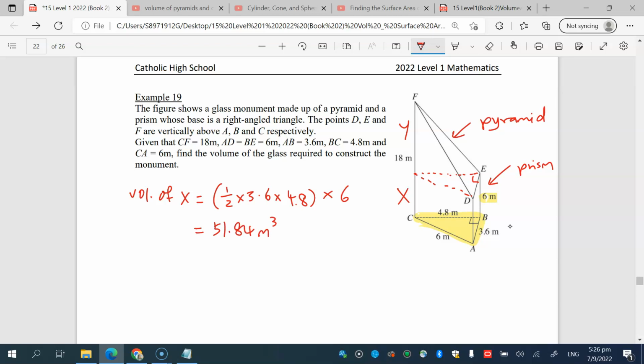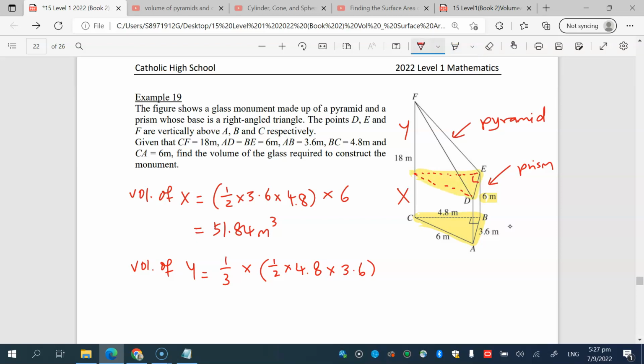So prism settled. Then let's find the volume of Y, which is the pyramid. That is 1/3 base area times height, right? So 1/3 base area, same thing, is half times 4.8 times 3.6, which is a triangle over here. This is the base of the pyramid, right?